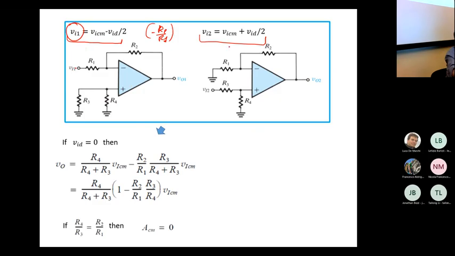What happens when VI2 is applied to the scheme? Well, we have to multiply this quantity times the voltage divider effect, so R4 over R3 plus R4, and then we have the effect of the non-inverting configuration, which means 1 plus R2 over R1.